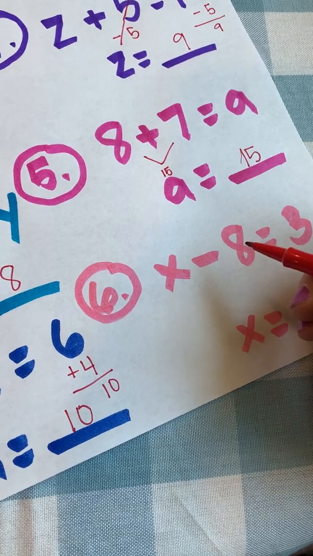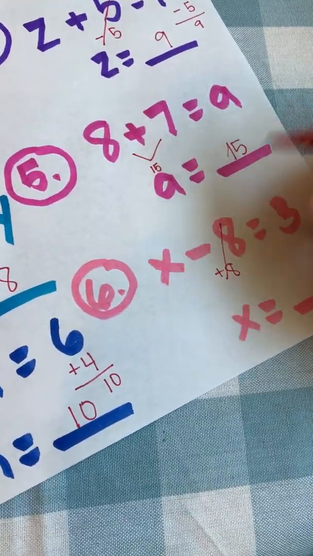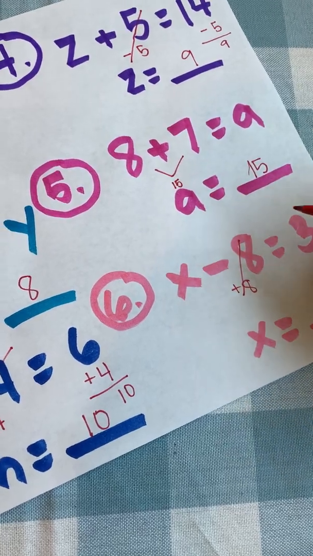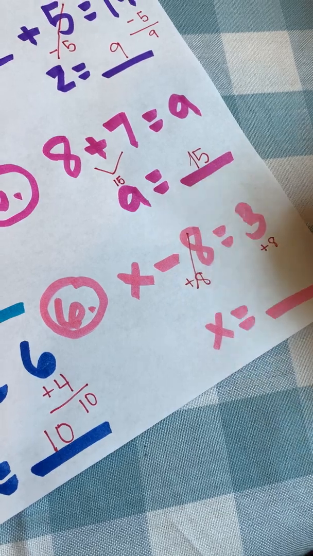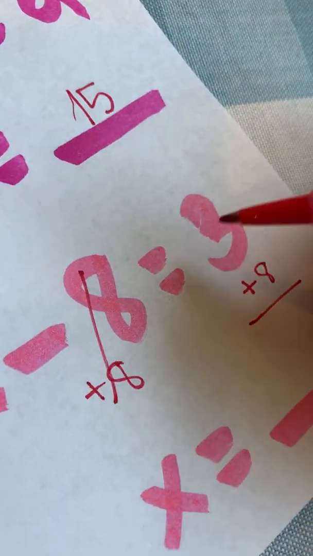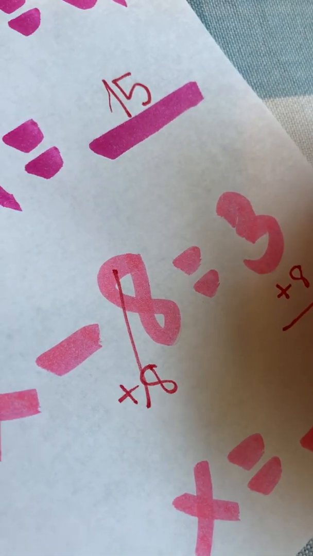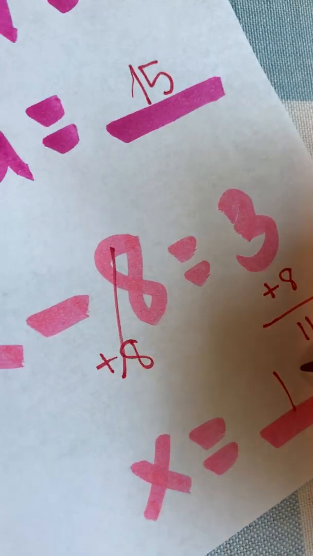So if it's a minus 8, I have to do plus 8 to get rid of it. I did it to one side, so I have to do it to the other. Plus 8. And so 3 plus 8 equals 11. So x equals 11.